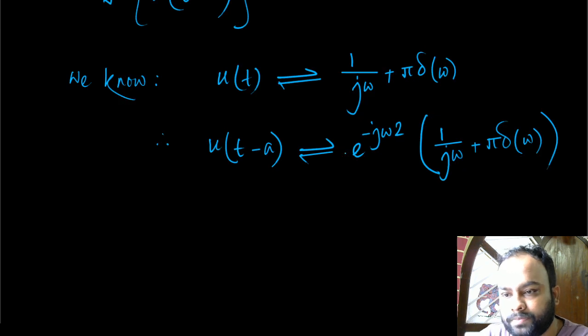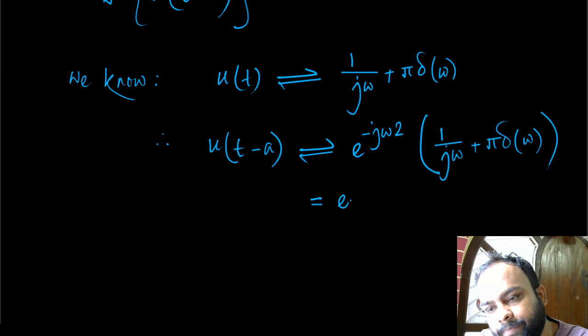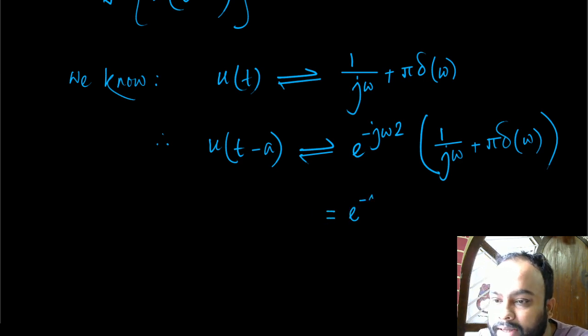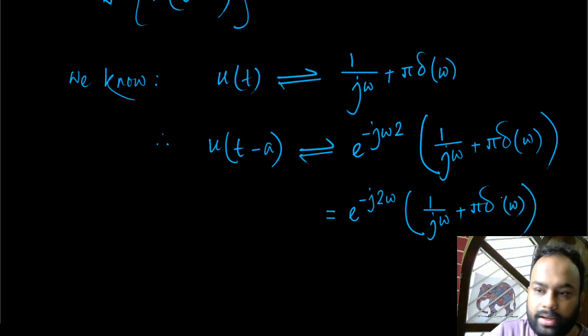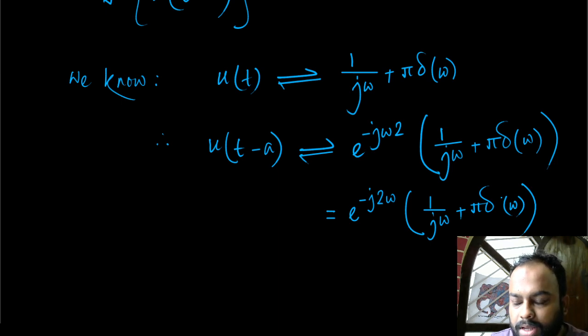Simply this is e to the power minus j 2 omega times 1 by j omega plus pi delta omega, right? So that's understood, right?